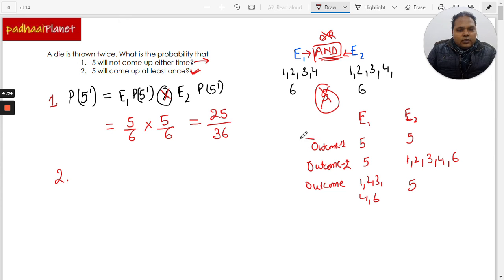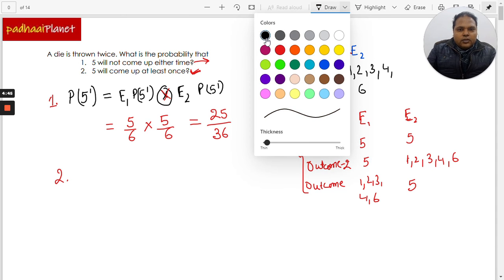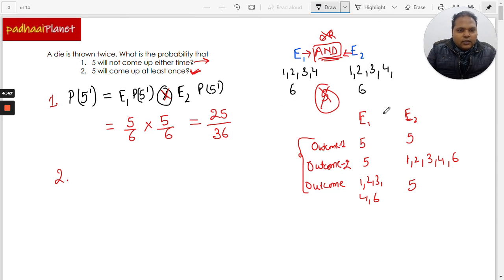So these are the only 3 different kinds of outcomes which are possible when we are trying to fulfill the second condition. And here also the condition between the two events is an "and" situation, right? Because both the events have to happen, and then only we can calculate the desired condition, which is that 5 will come up at least once, and 5 is coming at least once in all these three situations, right?